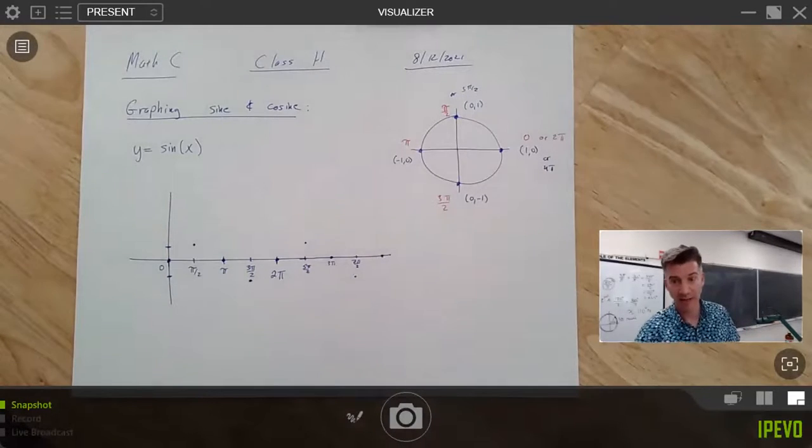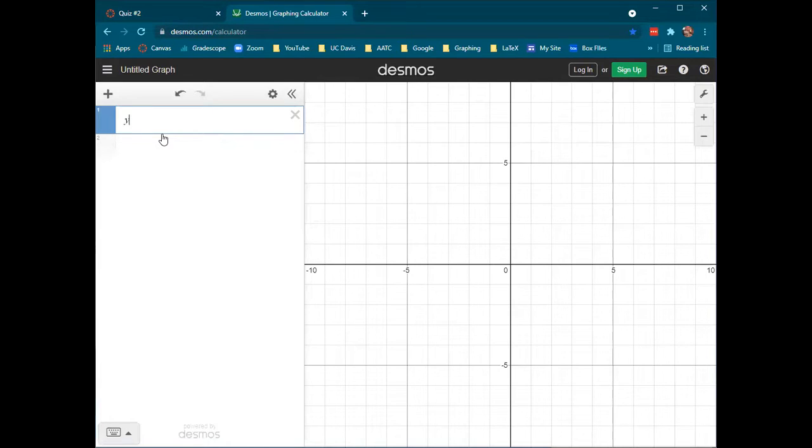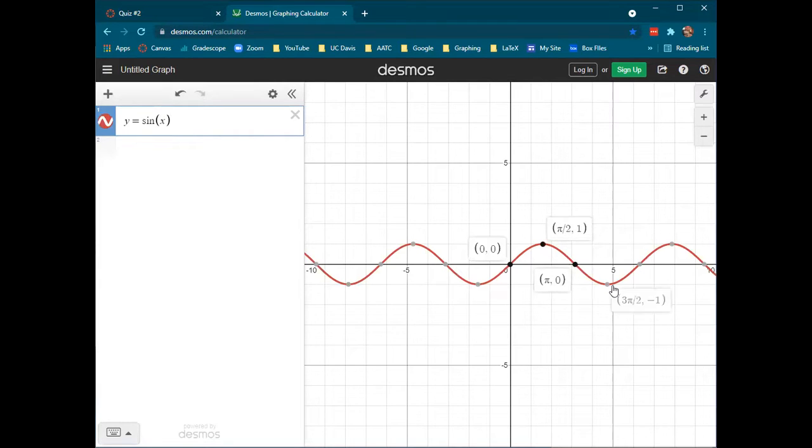So before I draw it, let me show you what it looks like in Desmos, because it's good to try and make things look accurate. So I'm just going to graph y equals sine of x. And there it is. And look, when you graph it in Desmos, it even points out the important points that I was mentioning.